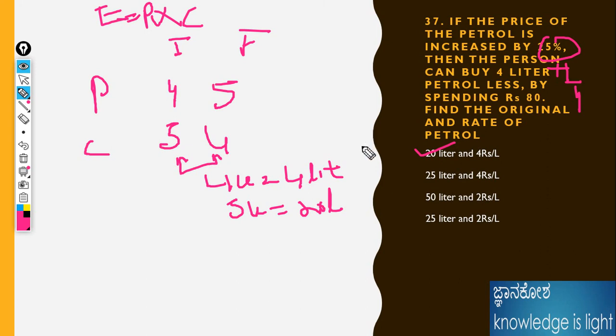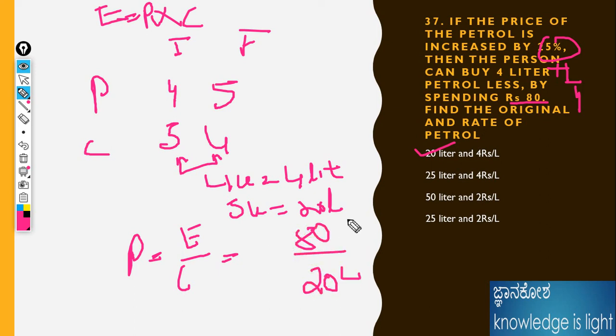That is the 16 liter answer after the increase. The initial value is 20 liters. What is the original rate being asked? The price is equal to expenditure by consumption. They already gave in the question that the amount spent is 80, and the consumption is 20 liters.